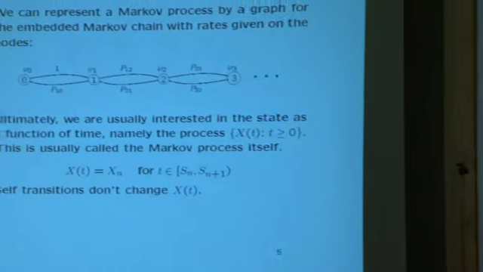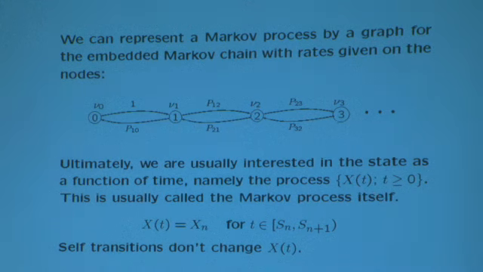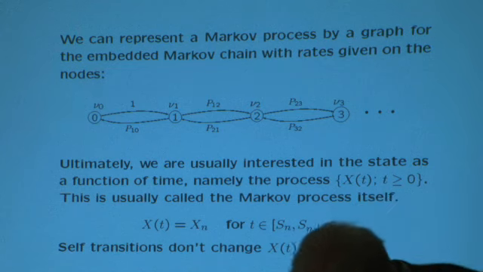So this gives you the linkage between the Markov process in this expression and the Markov process in terms of this graphical expression with the embedded chain and the exponential holding times.